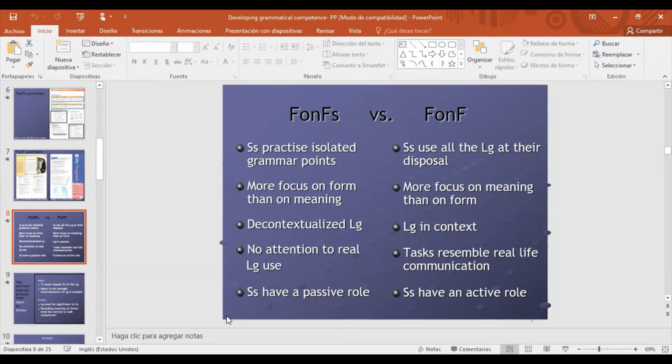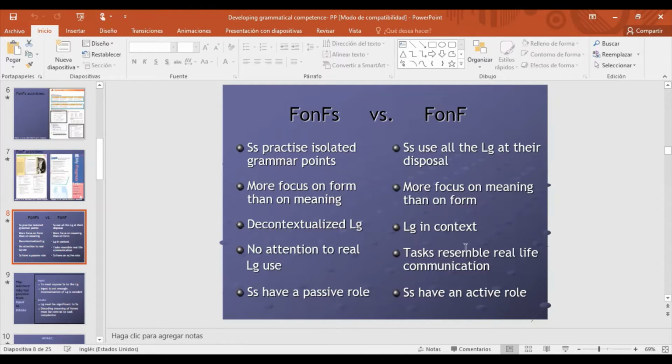There is no attention to real language use, and students have a passive role in the sense that it is the teacher, the one who decides what to present, how to present it, and generally it is the teacher who explains the rules of the language.